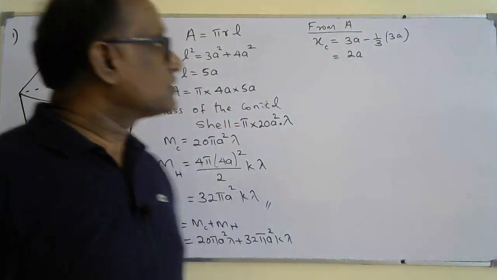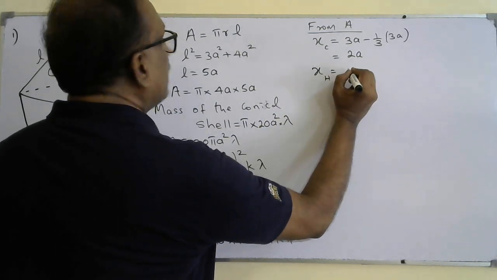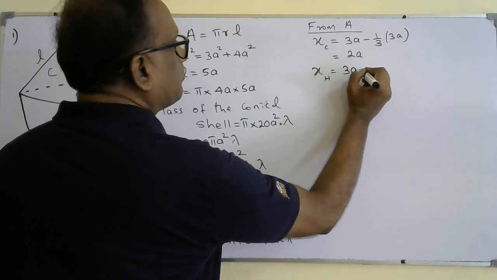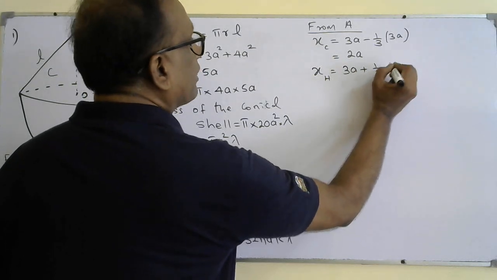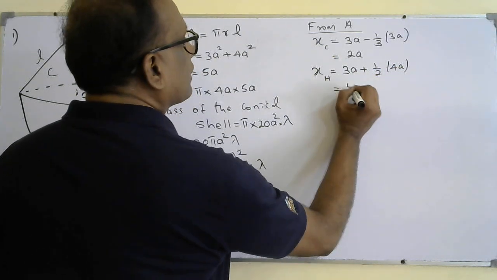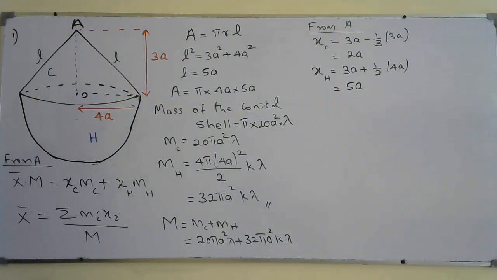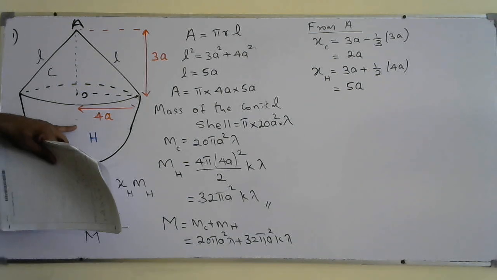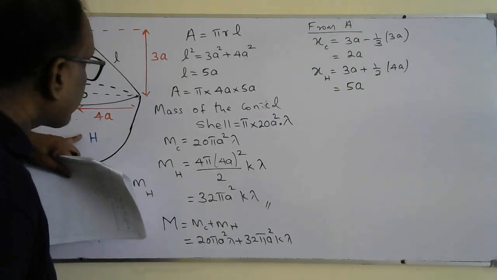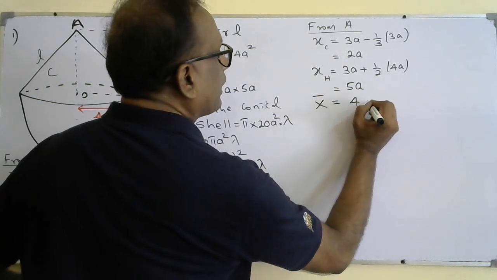That is XH from A, that will be 5A. And the center of mass of the toy from A is at 4A, the x bar.